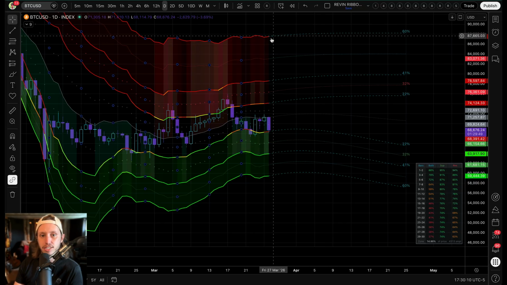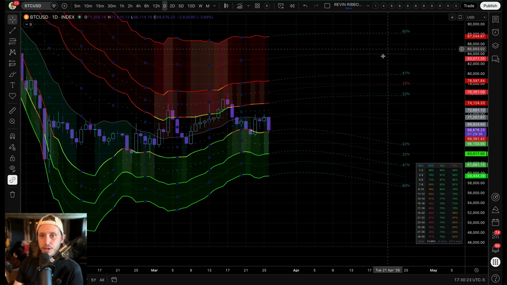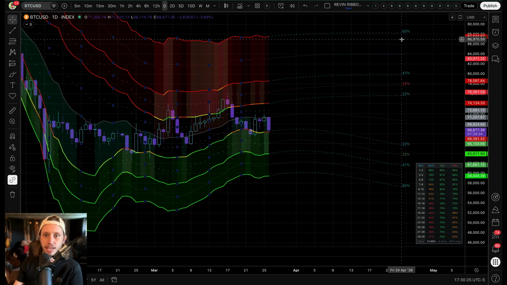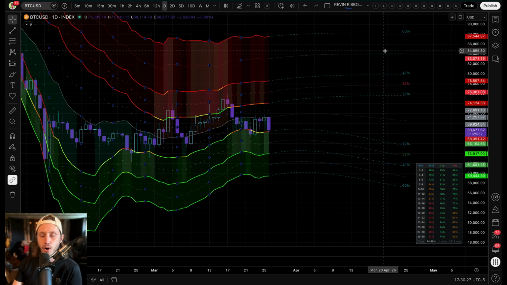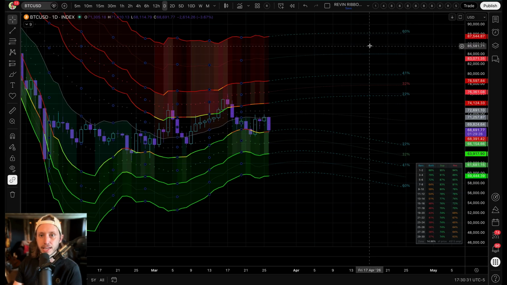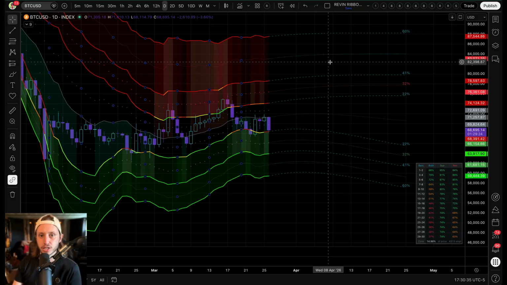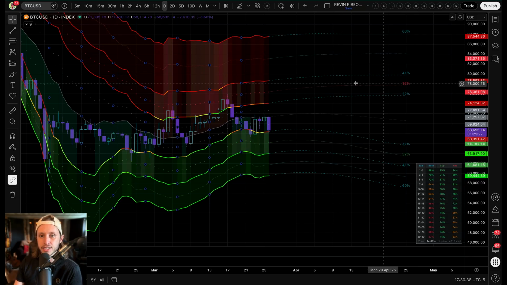So from resistance 3 to support 3, it's about a 60% chance that, right now I have it set to look 30 bars out, so on April 25th, Bitcoin is between 57K and 88K. So pretty decent probability that price is between there. Again, once I get a bit more work done on this, these odds should go up, and the curve of this indicator will look a bit different just to project a little bit better. But that's the general idea.